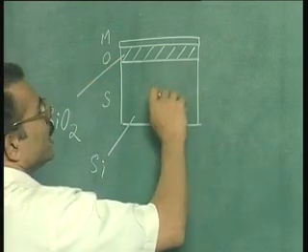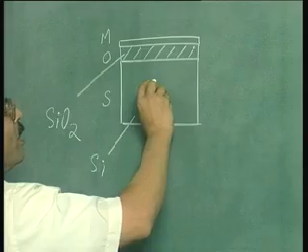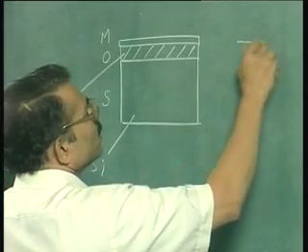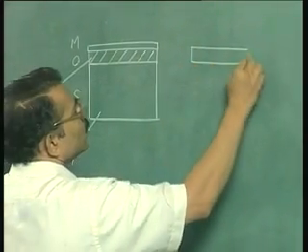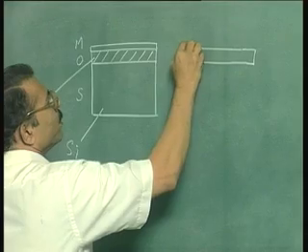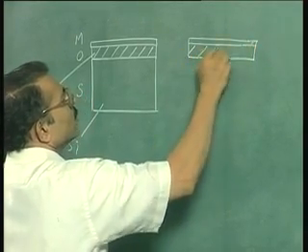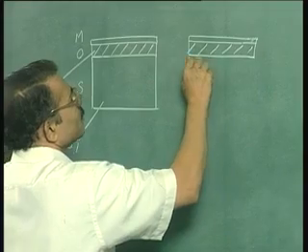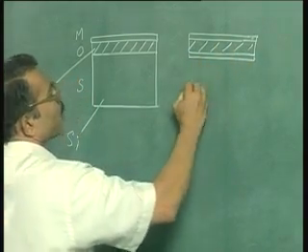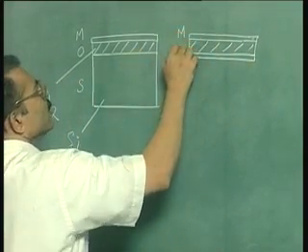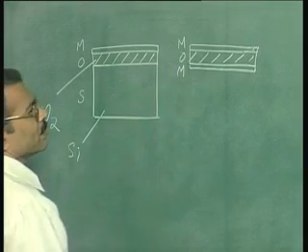Now C0 indicates the capacitance of a structure which has metal electrodes on either side. Okay, so this is metal, this is oxide, and this is again the same metal.